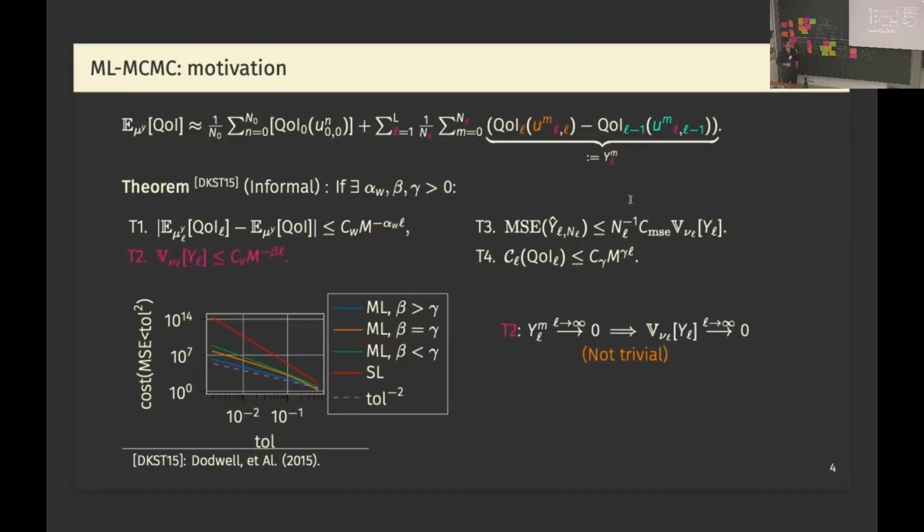Now, there is a difficulty here that's not as apparent, or that just doesn't happen as much in multi-level Monte Carlo, and it is that we need this variance term, the variance of this term here, to go to 0 as we go deeper on the levels.